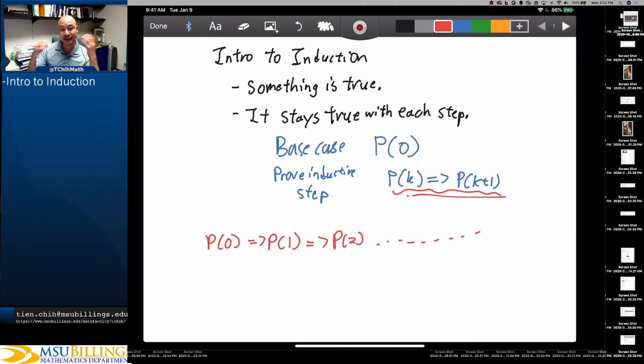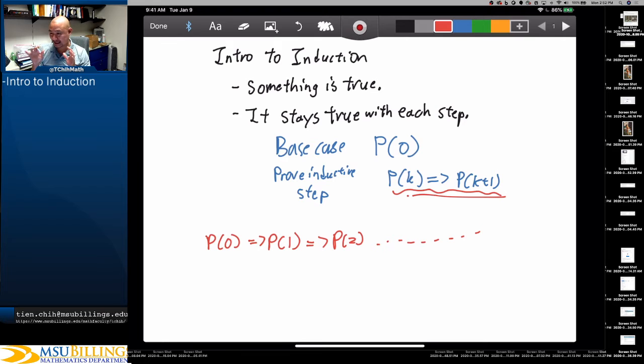This is the idea you want to keep in your mind. You want to think of it this way: you start some sort of process, and somehow there's a statement that continues to be true, that builds up on the previous case having been true, and each time we do this, it continues to be true.